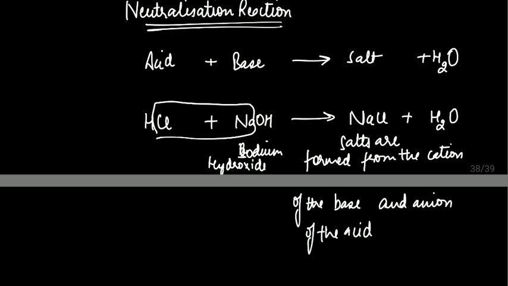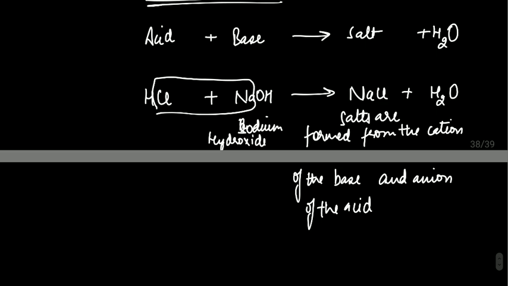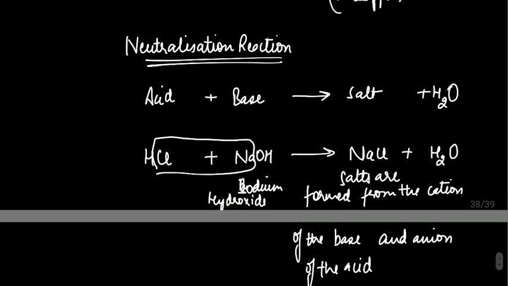So in this also there is a mutual exchange of ions taking place. That's why we can call it a double displacement reaction. And most of the neutralization reactions are exothermic in nature. That means heat energy is released.